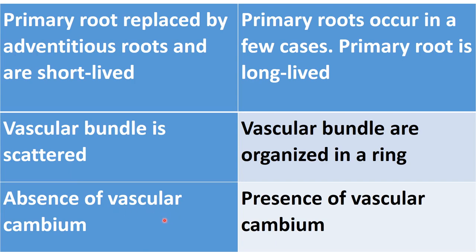About the vascular cambium, you will study in the chapter Anatomy of Plants in your 11th class. So vascular cambium is absent in monocots and it is present in dicots. This is another difference.